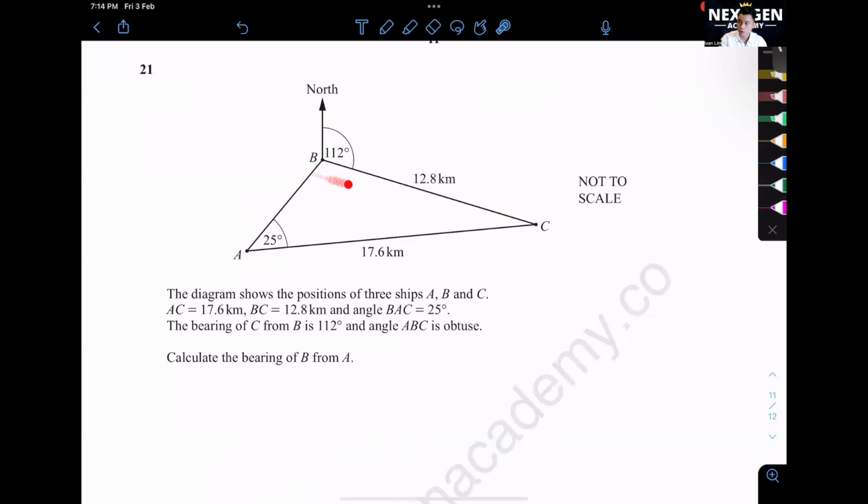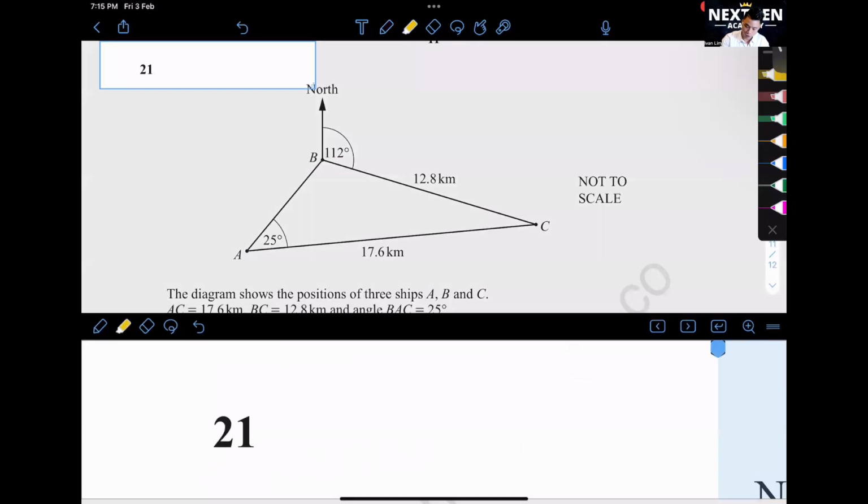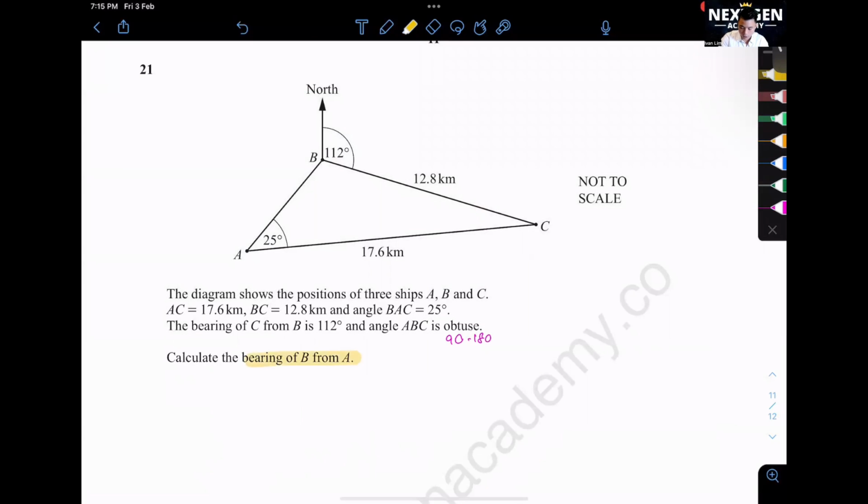What's obtuse? 90 to 180. In fact, for this question 21, you all see this, actually this one is also a trigo type of question. Calculate the bearing of B from A.